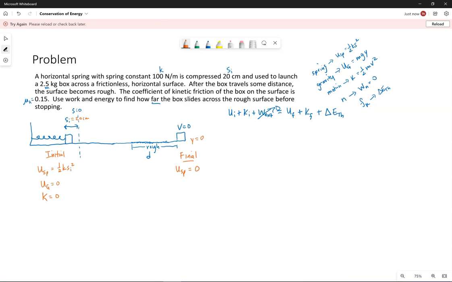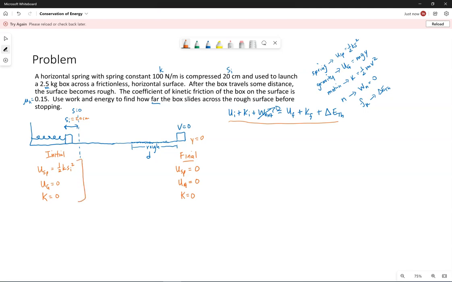We do not need to break energy problems into pieces. We can look at any two moments in time as long as we're accounting for any type of energy there could be. Gravitational potential energy would be 0 because we haven't changed height at all. Kinetic energy would be 0.